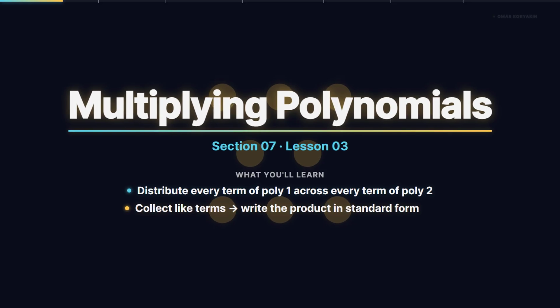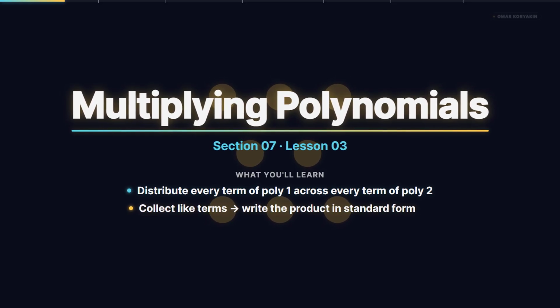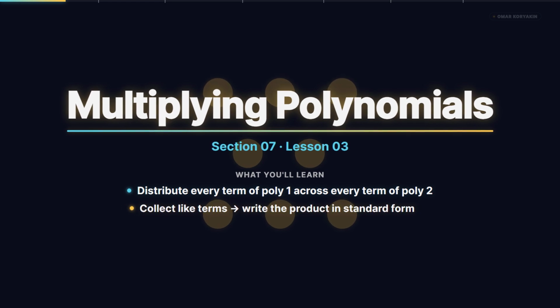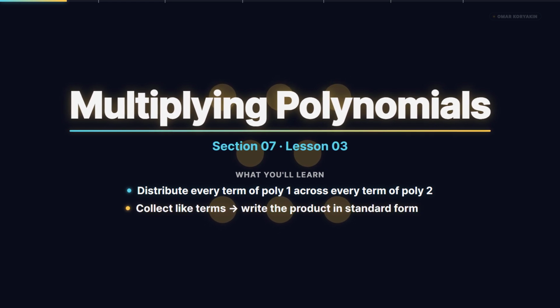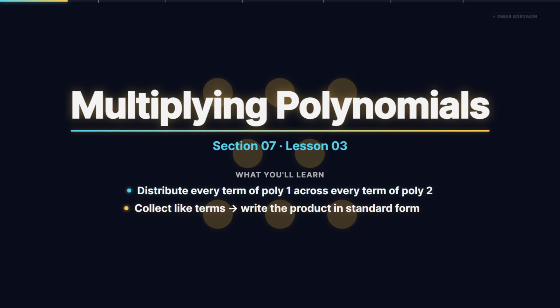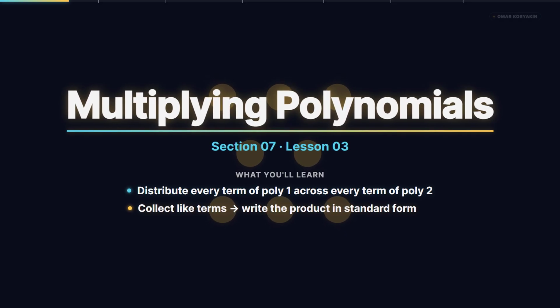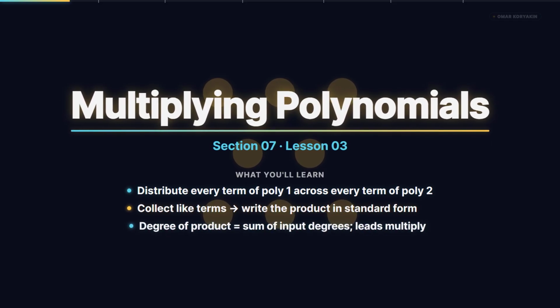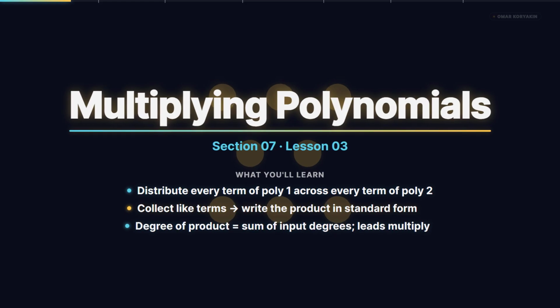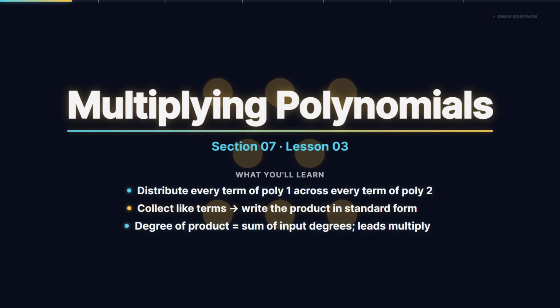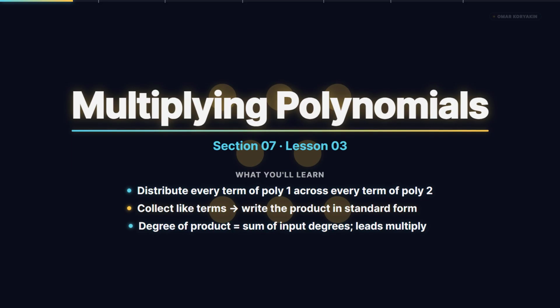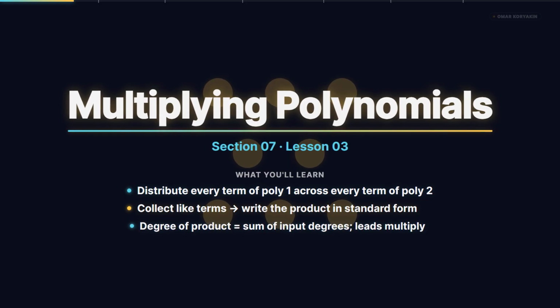A polynomial with leading coefficient 4 times a polynomial with leading coefficient -3 produces a polynomial with leading coefficient -12. The constant term of the product equals the product of the constant terms of the inputs. These relationships are useful for spot checking work and for predicting the shape of the answer before doing the algebra.